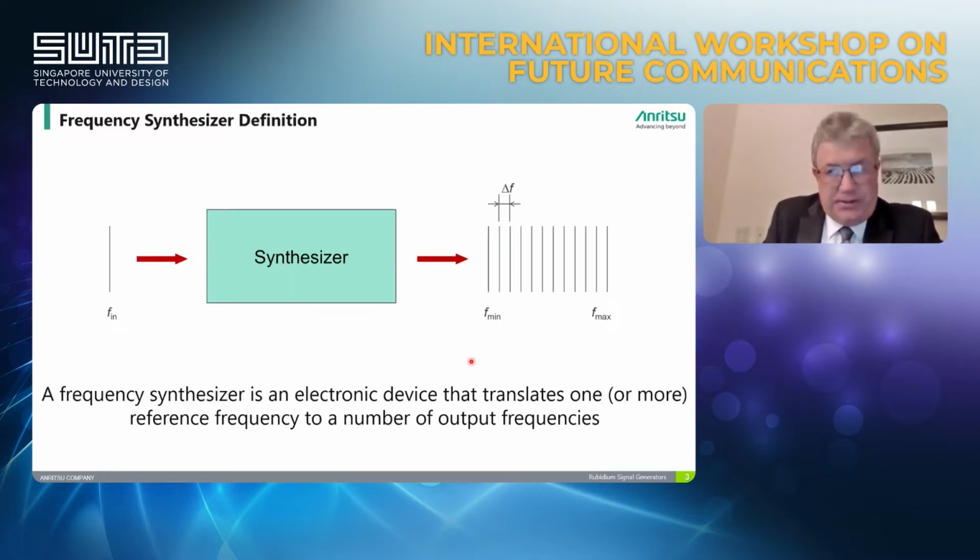What is the frequency synthesizer? Well, the frequency synthesizer can be treated as a black box that translates one or more signals called reference into a number of output frequencies within the desired frequency range with the desired step size.